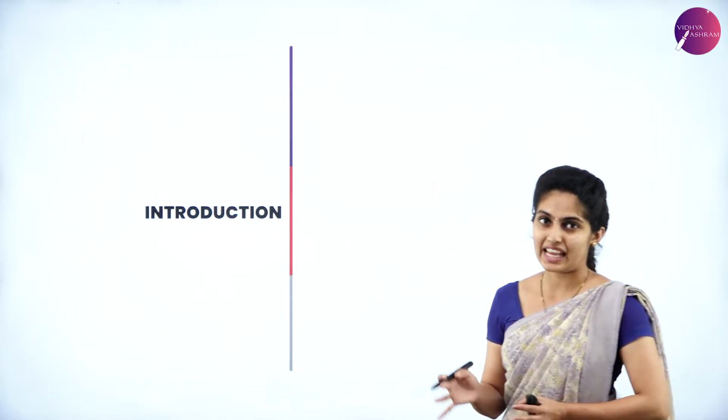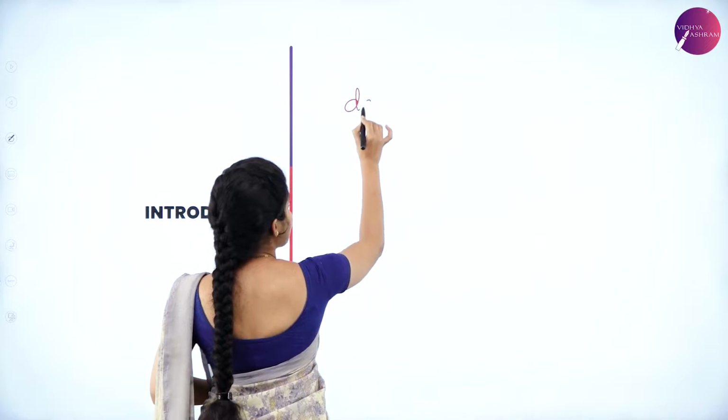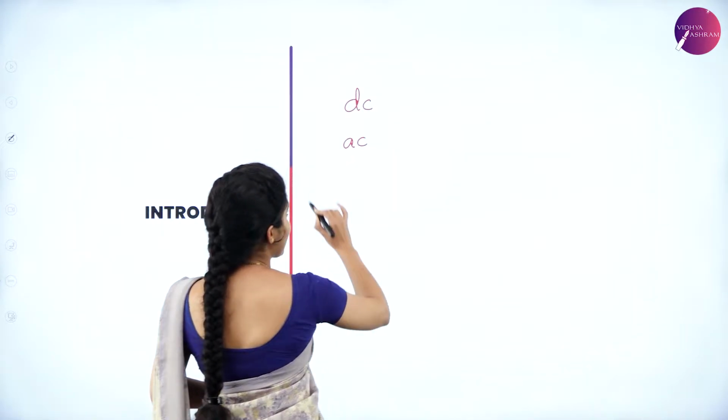So first of all, when we go to alternating current, in short, it is called AC. AC means alternating current. So in today's class, we need to check what is DC and what is AC.